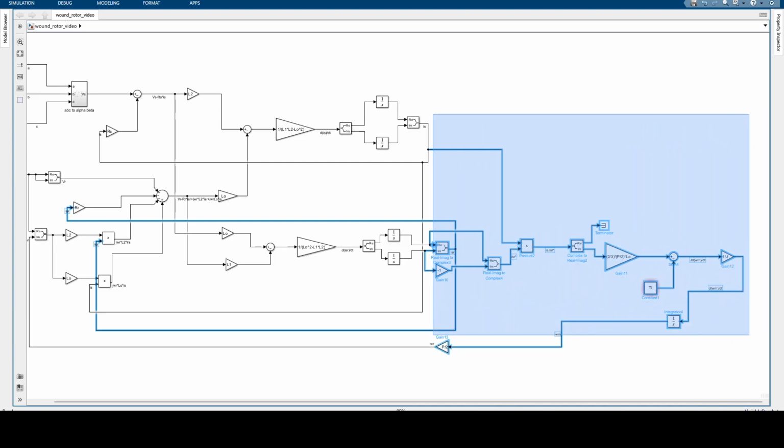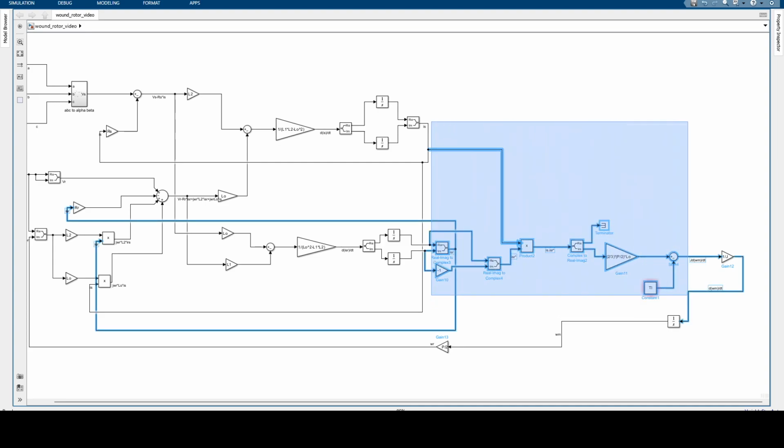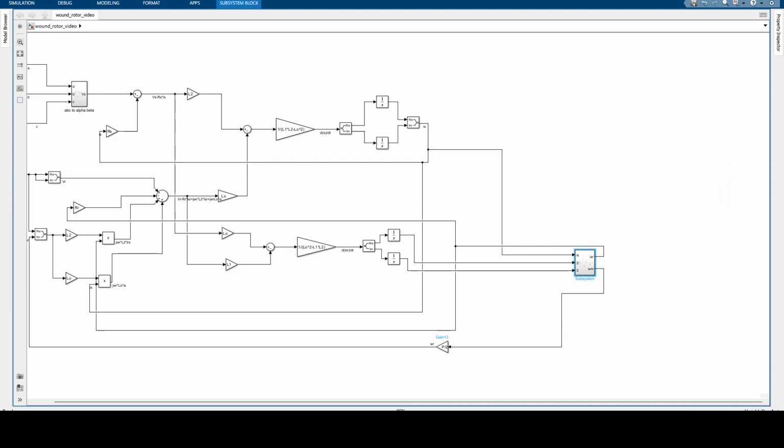Let me move this. Oh, it doesn't want to. Okay, it's going to be like this then. Let's see how it looks when I make this subsystem. Okay, so this is our mechanical.